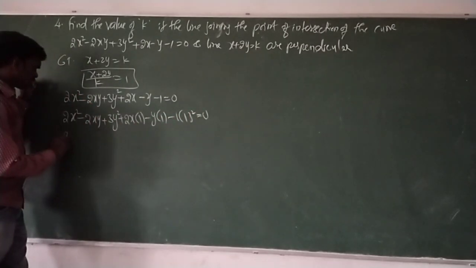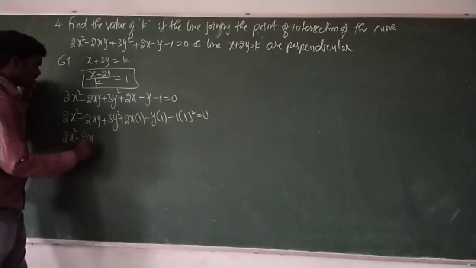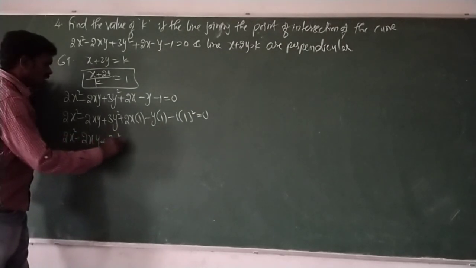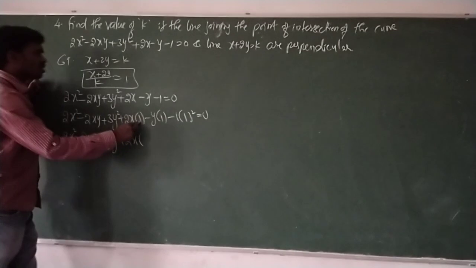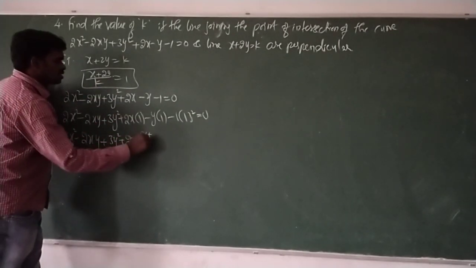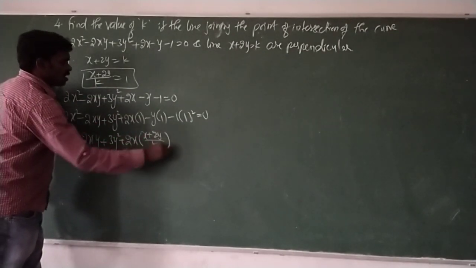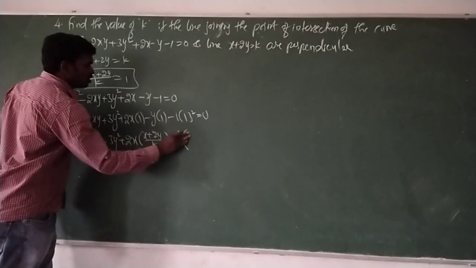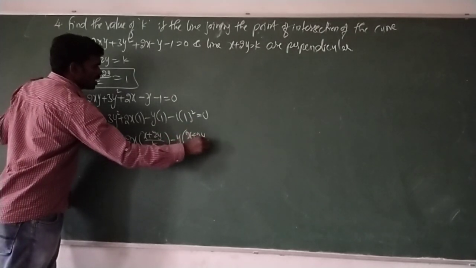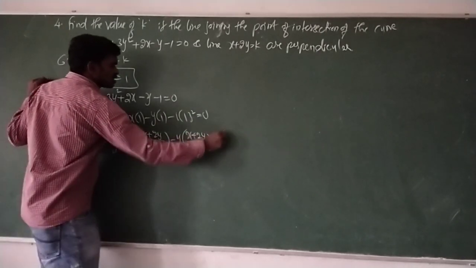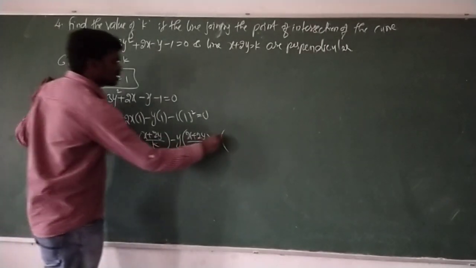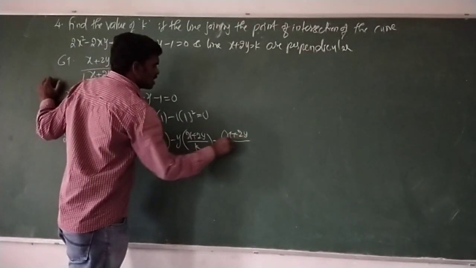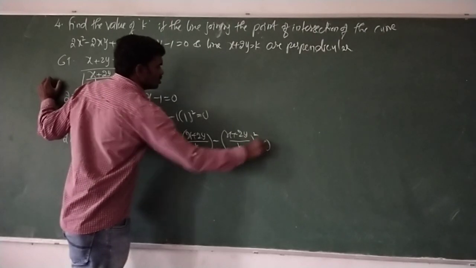So 2x square as it is, minus 2xy plus 3y square plus 2x into 1 means what? Yes, x plus 2y by k, minus y into x plus 2y by k, minus 1 into 1 square means x plus 2y by k whole square equal to 0.